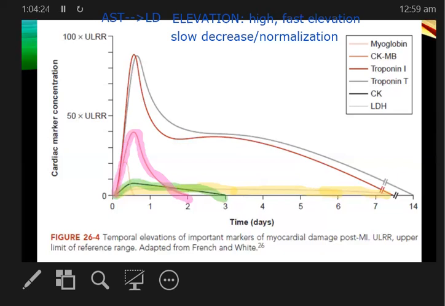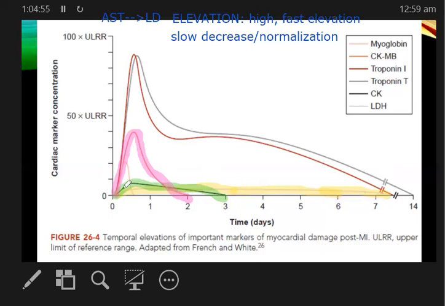All right. And so, of course, the search is on for the best cardiac marker. The next cardiac marker that I will be discussing is your myoglobin. Your myoglobin is more sensitive as compared to your CKMB during the first hours. Why? Because it increases faster but not higher.